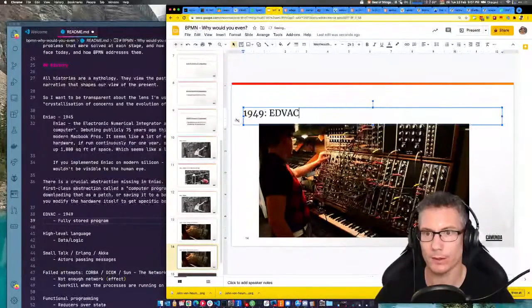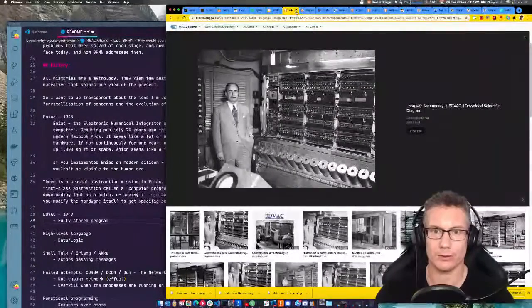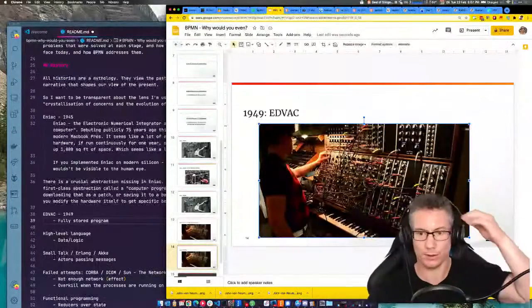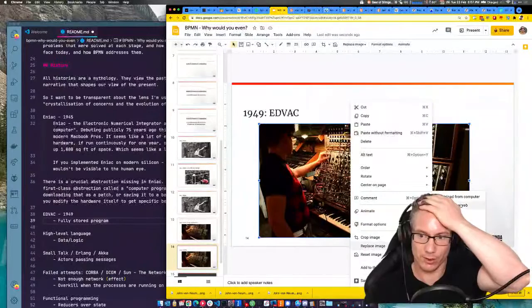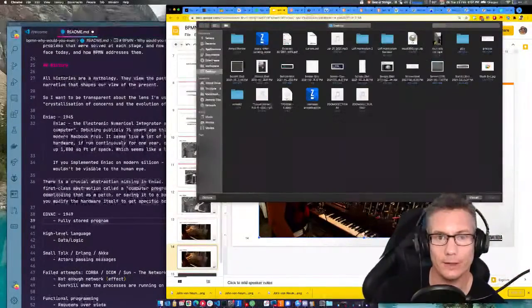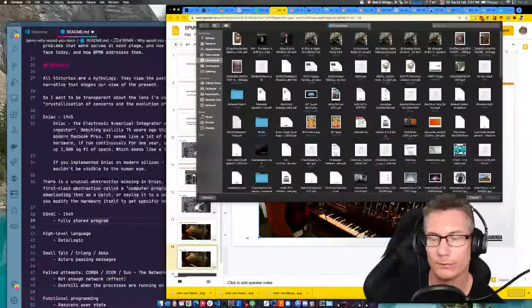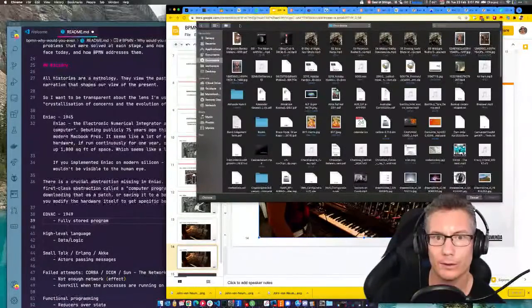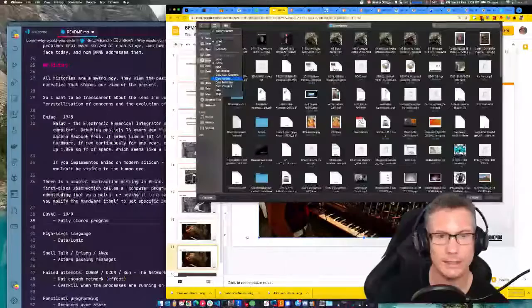EDVAC. View the file. Oh, that's right, it downloads it. Replace image. Upload from computer. Downloads. Wow. Group items by date added. Should be at the top.